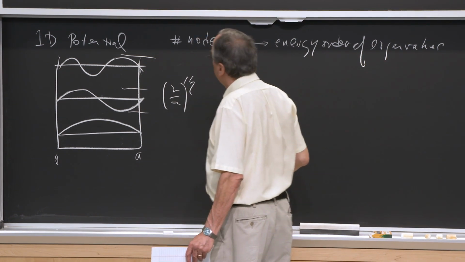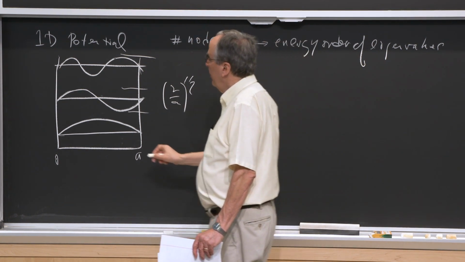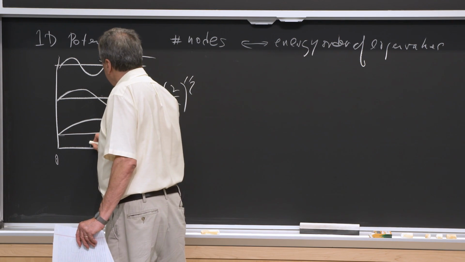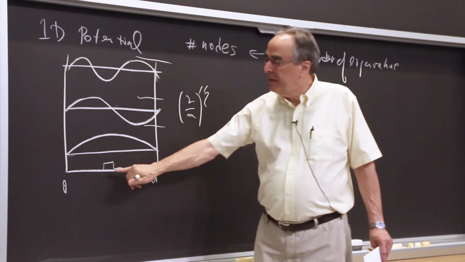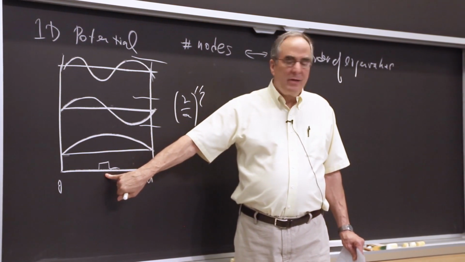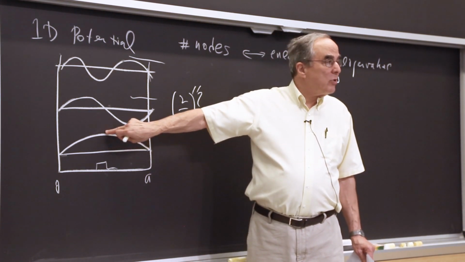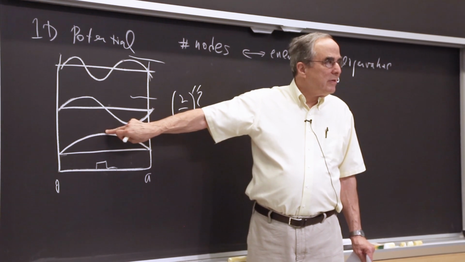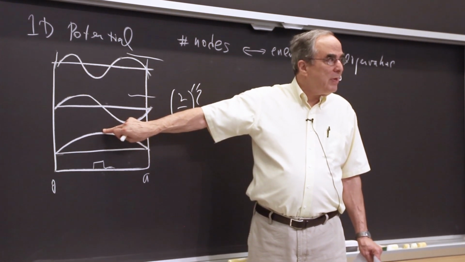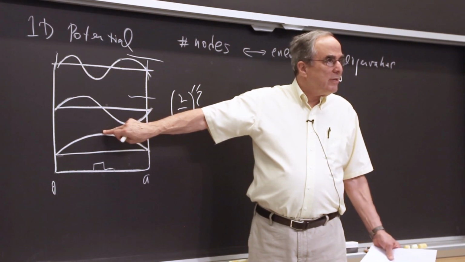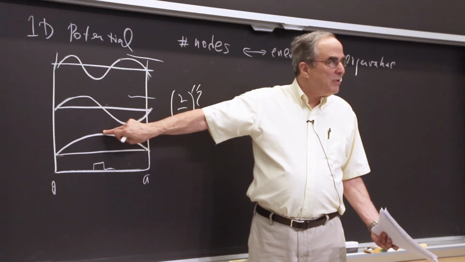Okay, well, if you do something to the potential by putting a little thing in it, the wave function will oscillate more slowly in that region, and that causes it to be at a higher or a lower energy.